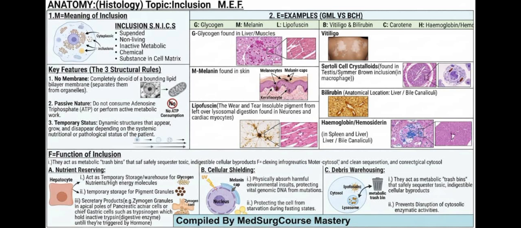It's stored in the gallbladder. It's responsible for coloring the urine golden yellow and coloring the fecal matter. If not, fecal matter will be pure white. Do you follow?